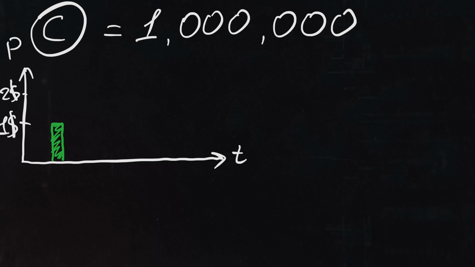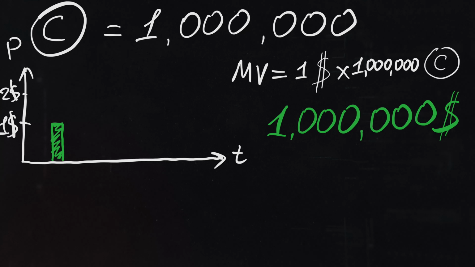And since the last price of your token is $1 and there are a million in circulation, it turns out the market capitalization of your token will be $1 million. And you can even start telling your friends that you are now a dollar millionaire. But this will only be your fantasy.